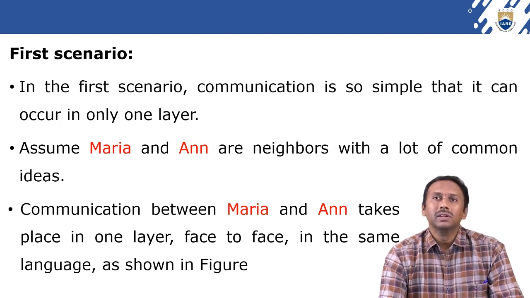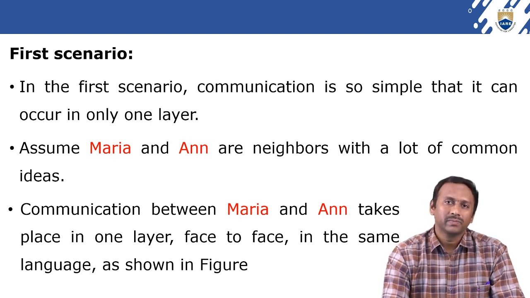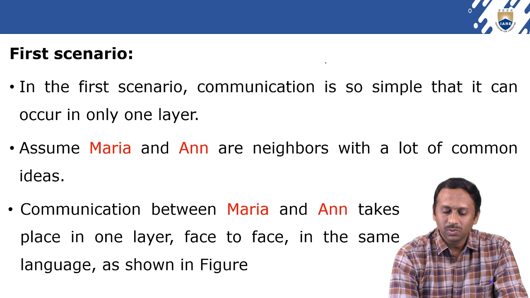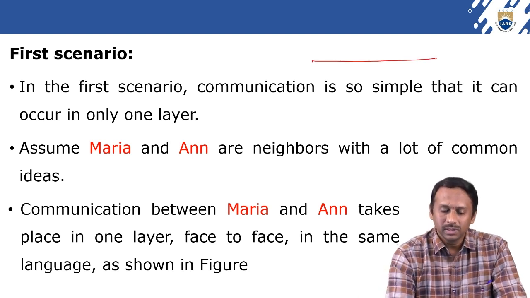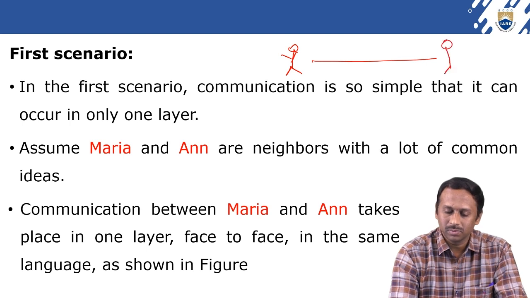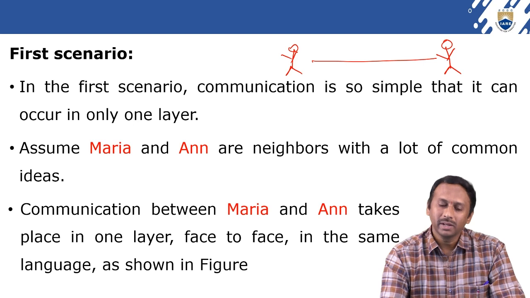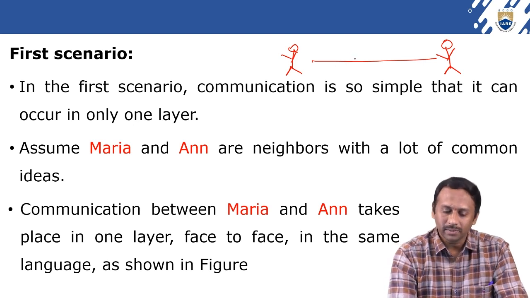In the first scenario, the communication is so simple that it can occur in only one layer. So think that there is only one layer, with one person here and one person there, communicating with each other in a simple manner.